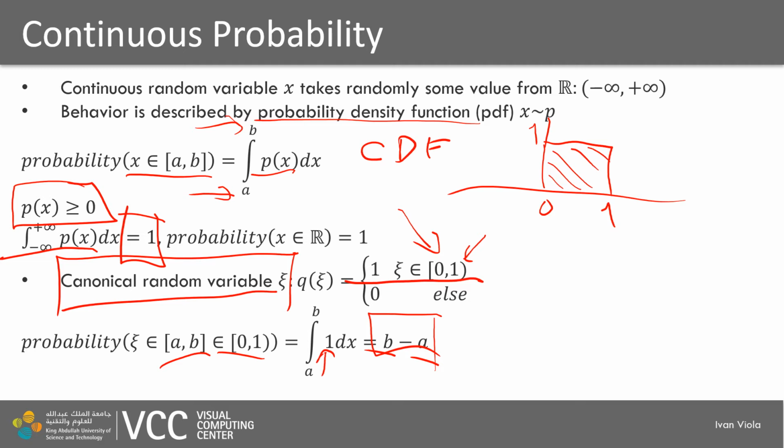This is a great random variable if we want to find some random point within the range 0 to 1, since we get a very unbiased pick.